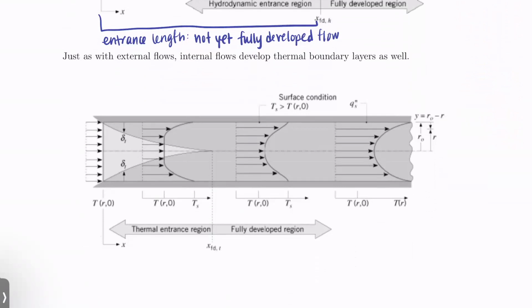So here, what we're seeing is the temperature profile. So if we have a cooler fluid going into a pipe with heated walls, essentially we'll have at the entrance of this pipe, the profile for the temperature will be changing up until a certain point where it becomes fully developed as well, but just thermally speaking.